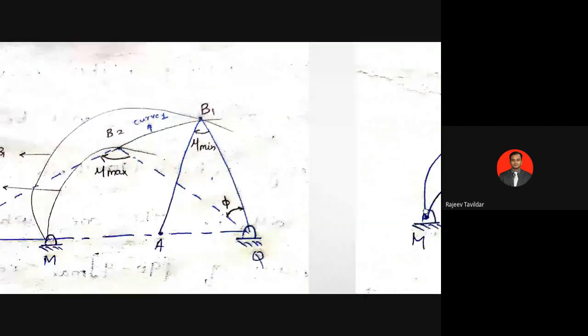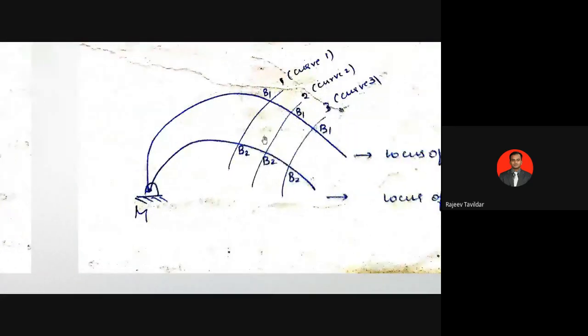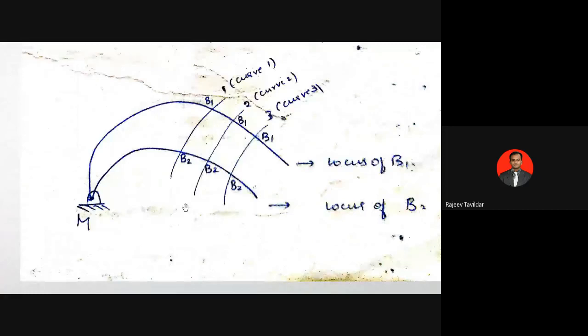These two locus lines, whatever I drew of B1 and B2, I've just highlighted, and on the locus of B1, I have highlighted multiple B1 points. As said in step number 1, we have to choose multiple points on the locus of B1. Just for the example's sake, I have chosen only 3 points, named B1, B1, and B1.